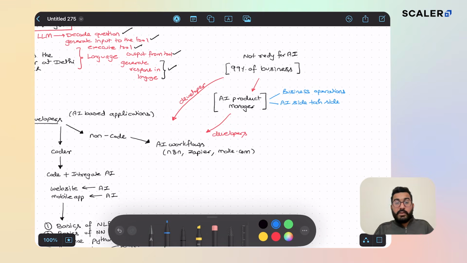So these people need not be developers. These people need not be coders. These are the people who know where AI can be used and how it can be used and what AI tools can be required to get it done. Do I need to code or do I need to create a workflow? Do I need to use Python or do I need to use any other framework?